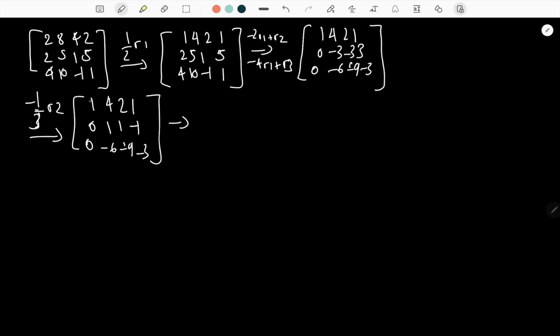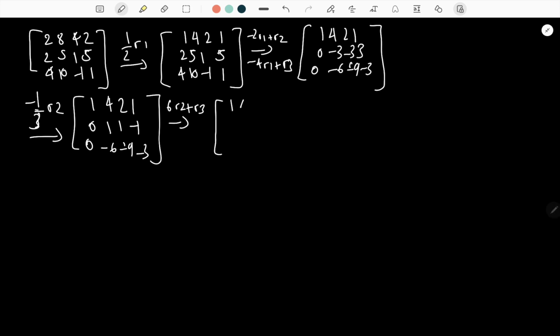So one last step is that we need to get rid of this number now, minus 6. So we can do 6 R2 plus R3. It's very helpful to write down the calculations you're doing if you want to recheck your answer, because you are very prone to silly mistakes when you're doing this.